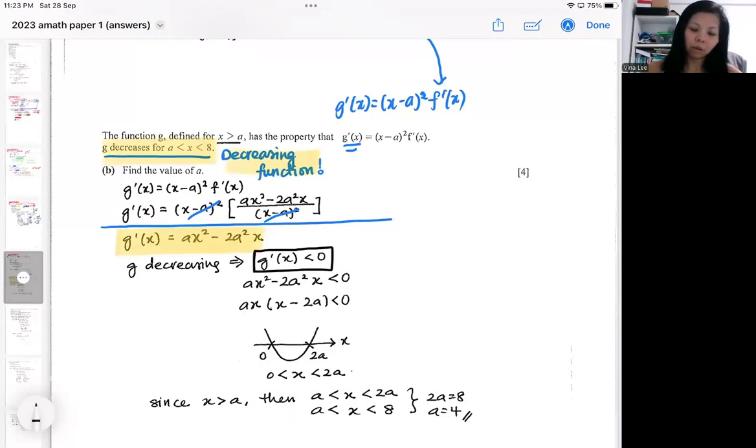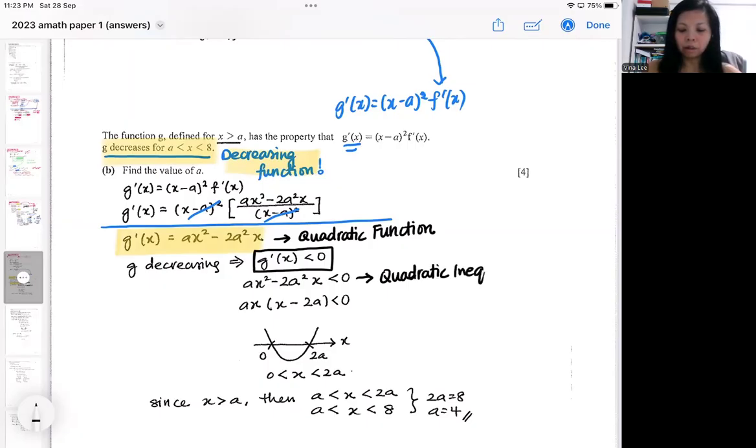You must also notice the G prime that you are getting is a quadratic function. So in actual fact, it leads you on to the quadratic inequality. So this part is the quadratic inequality after you apply the definition of a decreasing function. If you still remember the concept of quadratic inequality, it is the shading concept.